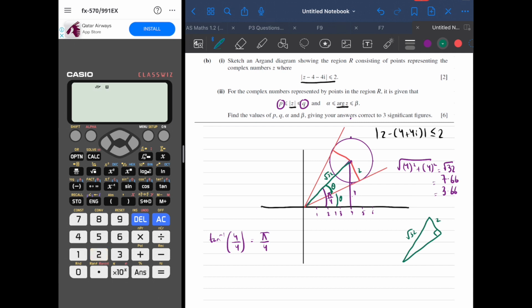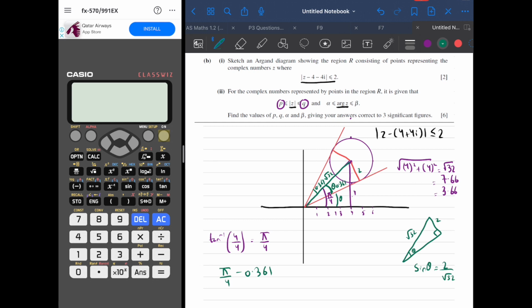Radian mode. Now, sine theta is equal to opposite, which is 2, and hypotenuse, which is square root of 32. It's going to be sine inverse of 2 divided by square root of 32, which is equal to 0.361. So if this is 0.361, will this be 0.361? So my argument will be pi upon 4 minus 0.361.